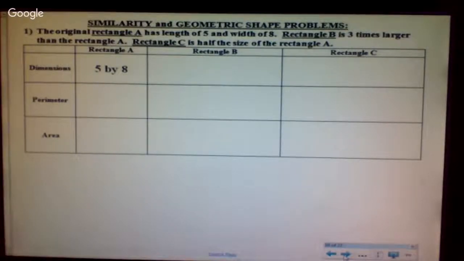Good. Remember, if it's a rectangle, you have 2 sides that are worth 5 and 2 sides that are worth 8, which gives you a total of 26. My area then is 40, 5 times 8.